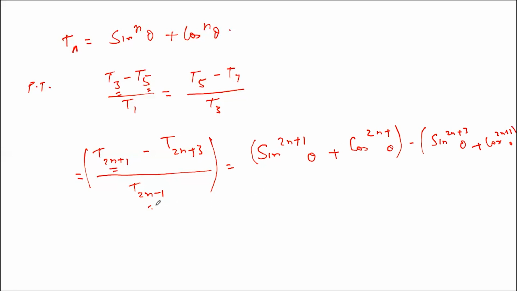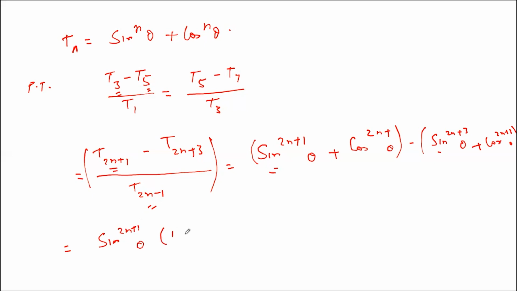I'm not writing T(2n+1) here, because we want to prove this in this form, so this will be cancelled out from there. If I combine sin^(2n+1) theta with sin^(2n+3) theta, sin^(2n+1) theta is common.